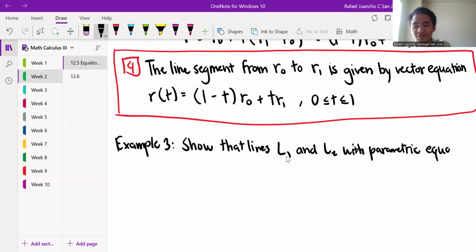Sometimes the textbook gives harder examples, which is funny. Okay, so we have L1, which has a parametric equation actually. x is 1 plus t. My y is -2 plus 3t. And my z is 4 minus t.